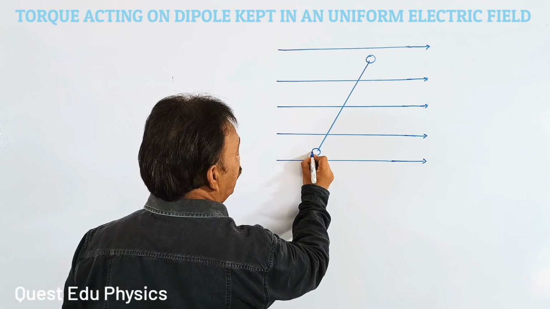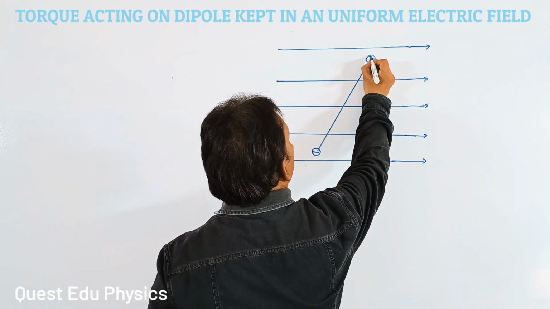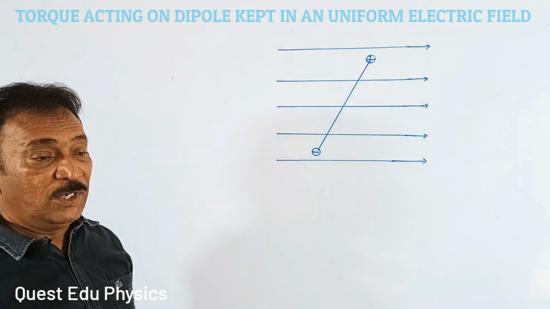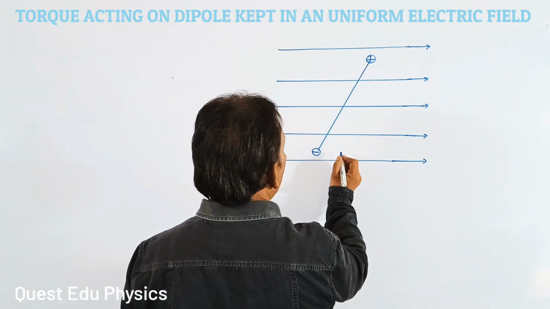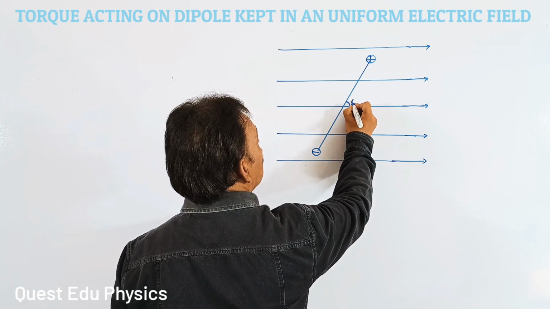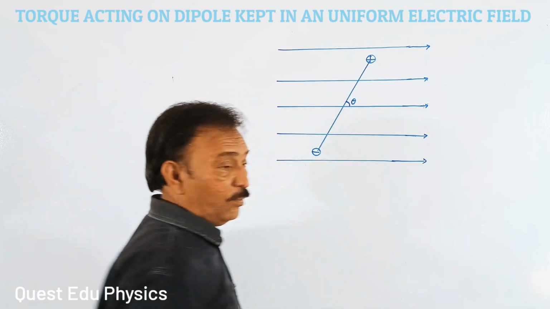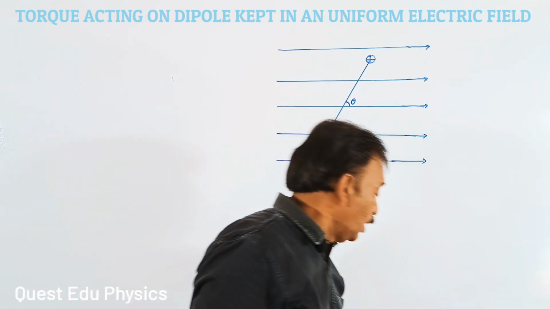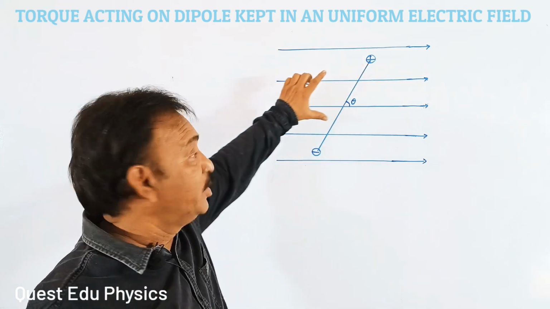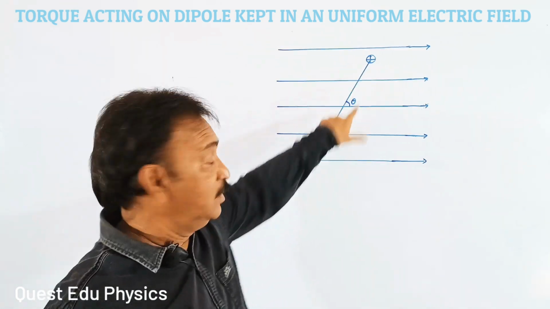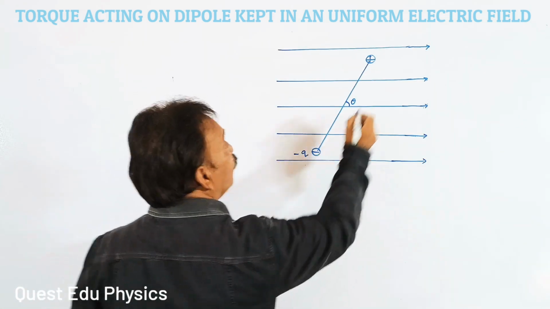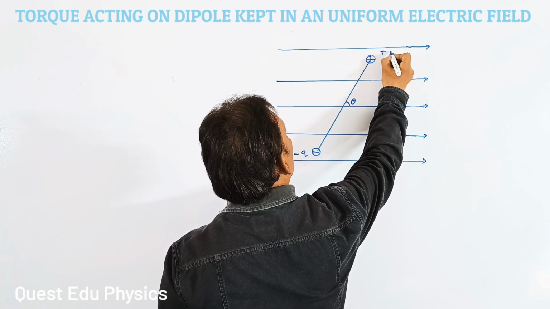Let's say it is the negative charge and it is the positive charge, and it is making an angle of theta with the field lines. See this. It is minus q and it is plus q.